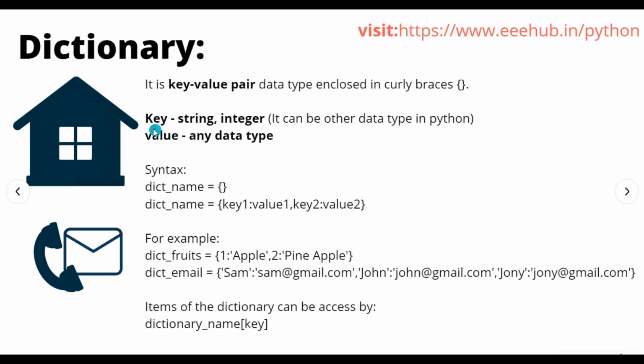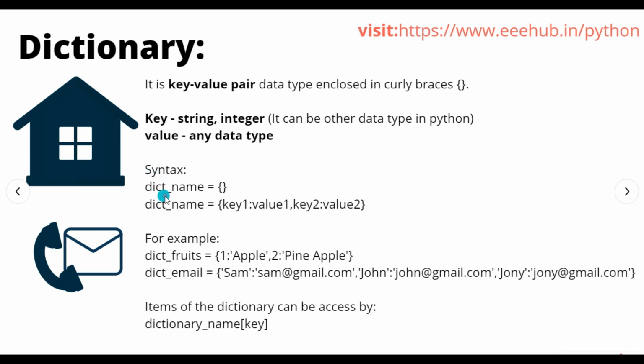The key can be any data type, but mainly it will be a string or integer, and the value can be any data type. For example, string, float, integer, list, tuple, and it could be a dictionary also.